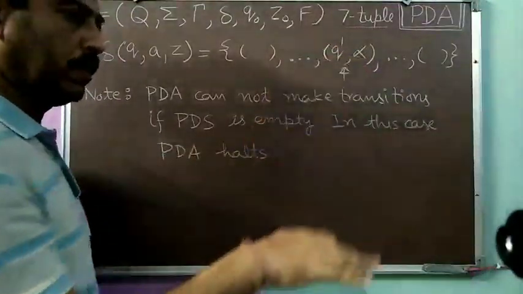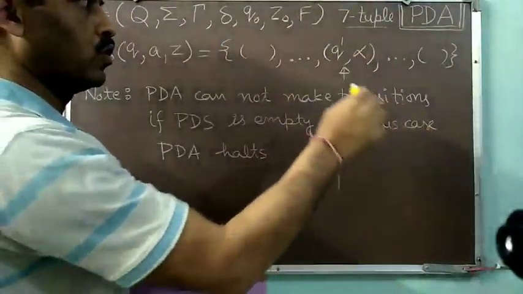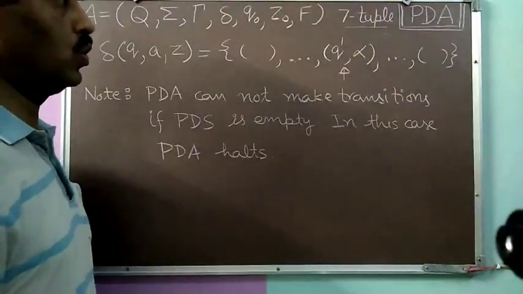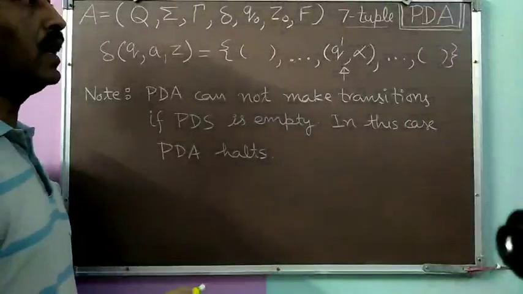So all these symbols will be pushed over the push down store. Basically we say that alpha is written on the push down store. In this manner our PDA functions.